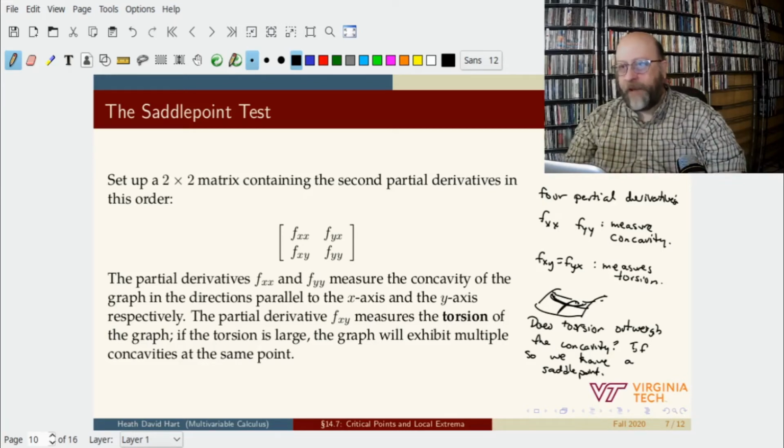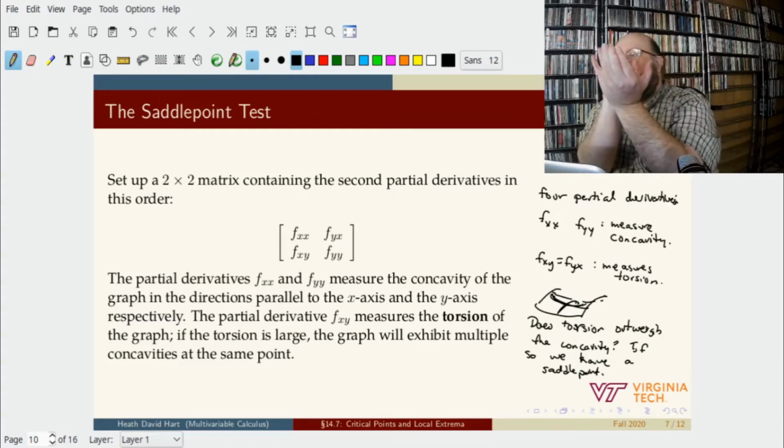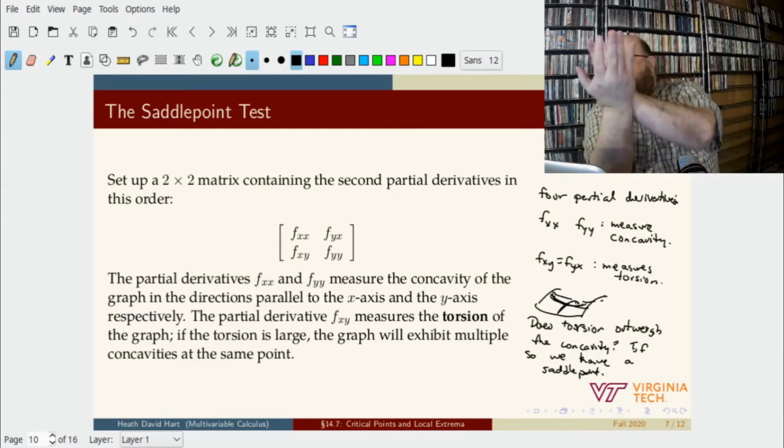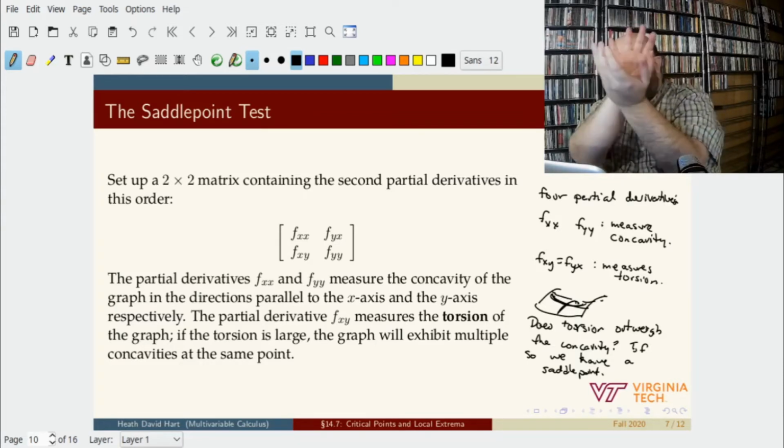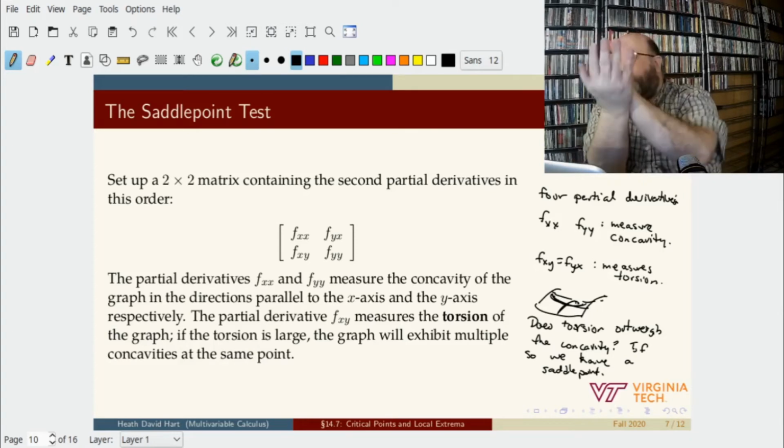That's the idea. If the concavity is strong enough to withstand the torsion, then we have the same concavity all the way around, in which case we don't have a saddle point. It's the same concavity as we rotate the shape.